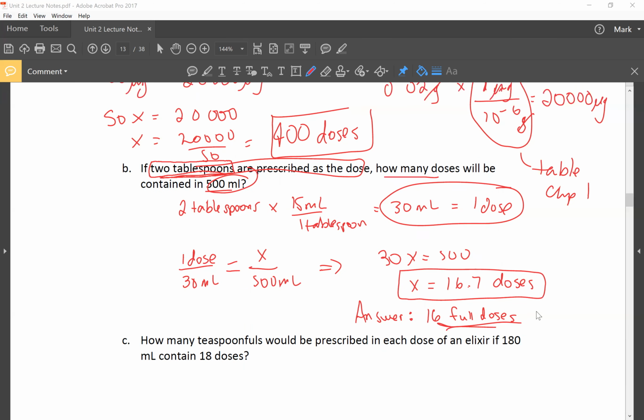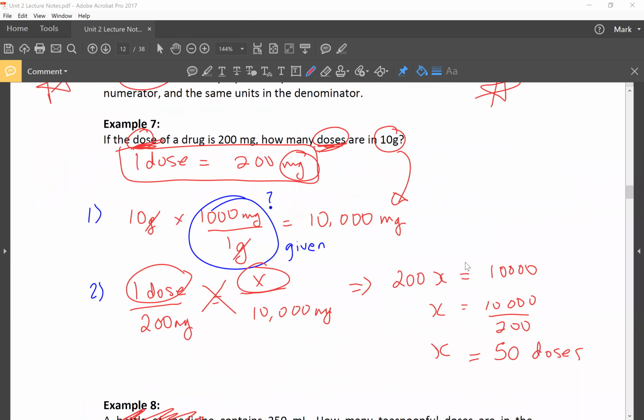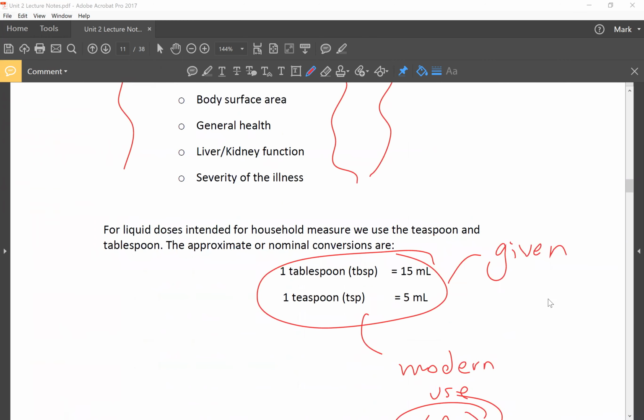Asma is asking, where did the 15 come from? Right here. 1 tablespoon is 15 milliliters. 1 teaspoon is 5 milliliters. This was right at the beginning of class, and you might have missed that. Okay, does that make sense?